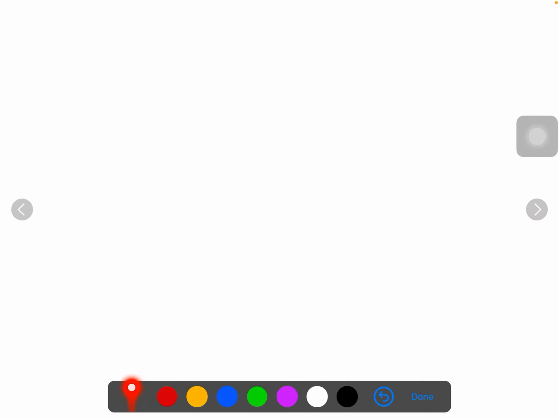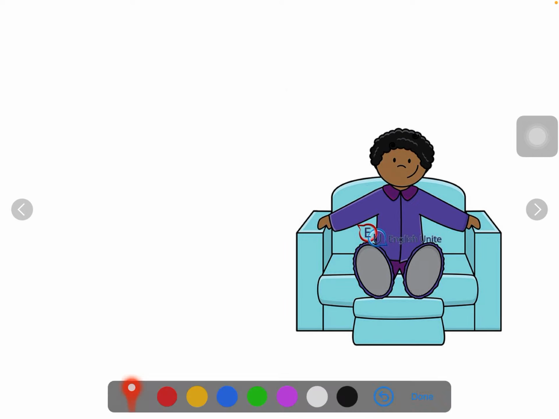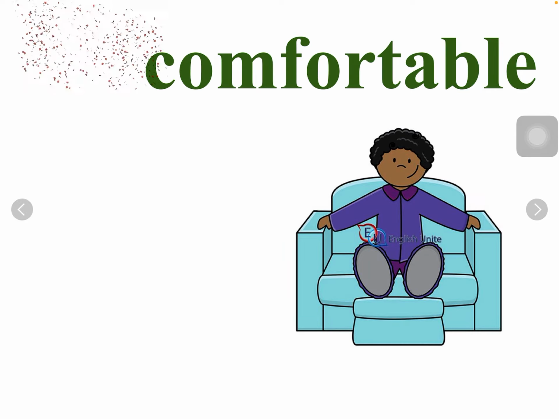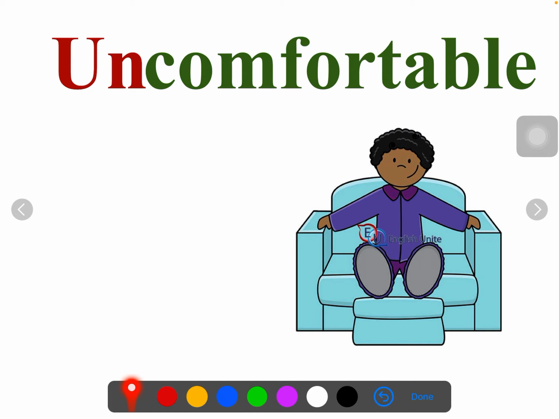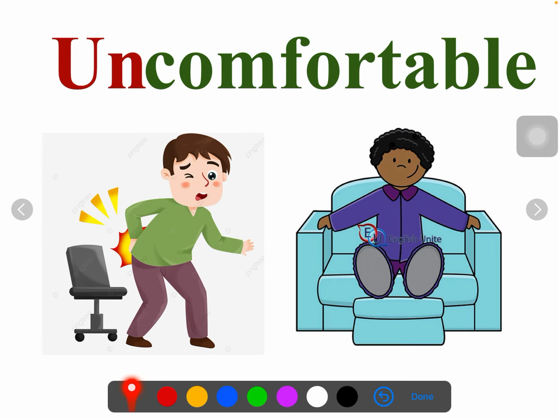Let's take our spelling words one by one. As you see in the picture, the word is comfortable. So he is comfortable. Now, by adding the prefix un, which means not, it will be uncomfortable, the opposite of comfortable.